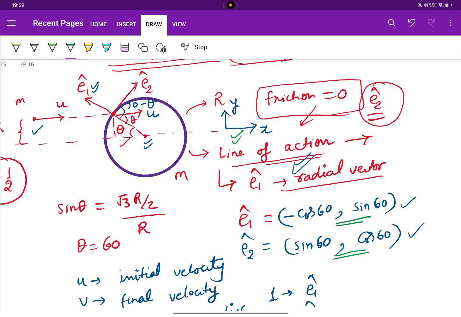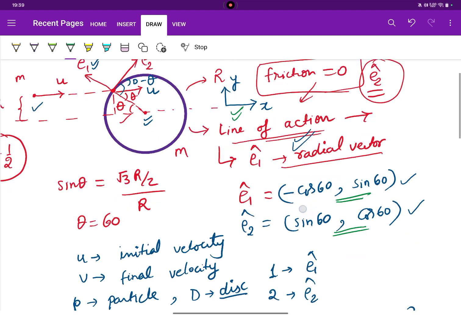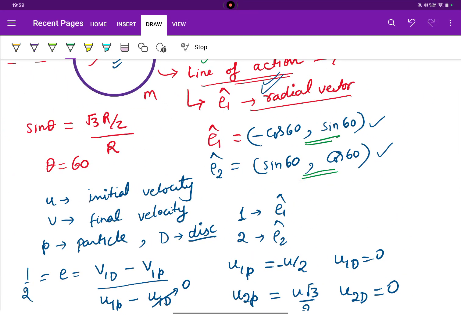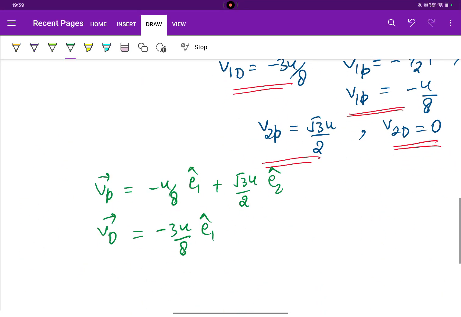Everybody knows that tan theta is the y component upon the x component. You can easily find it out. So take this into your memory: minus cos 60 and sin 60, that is minus half comma root 3 by 2, and root 3 by 2 comma half. Let's put these values there.